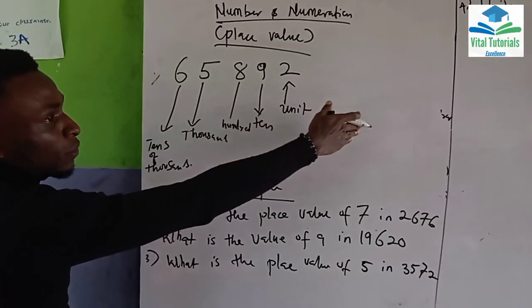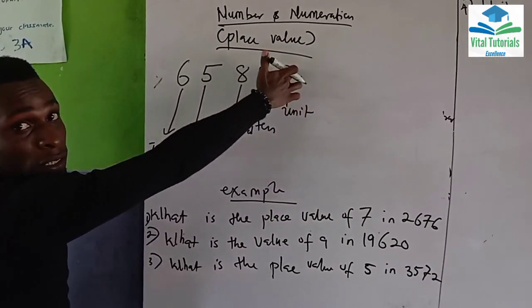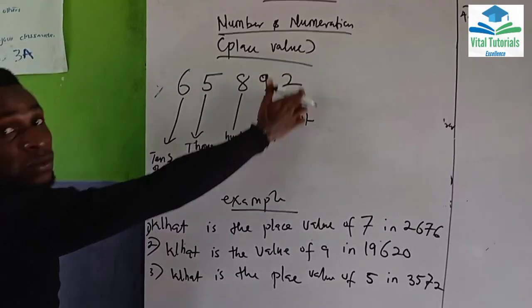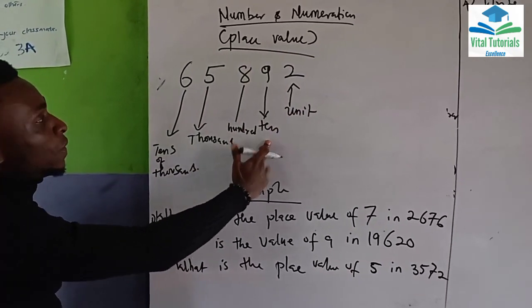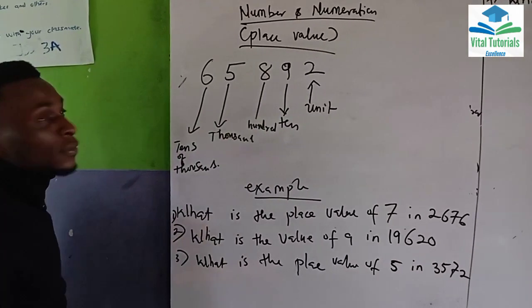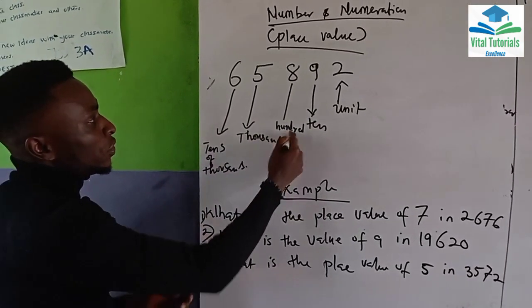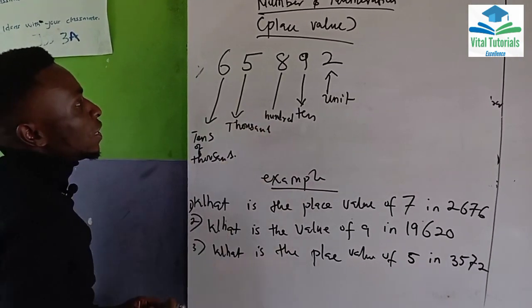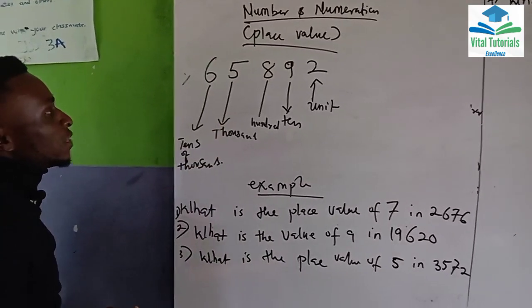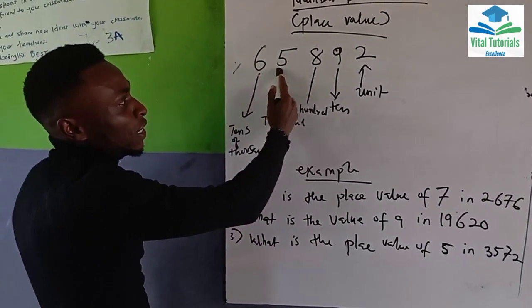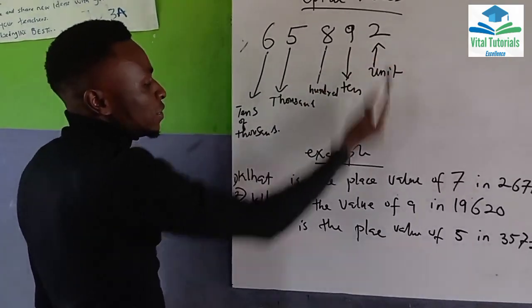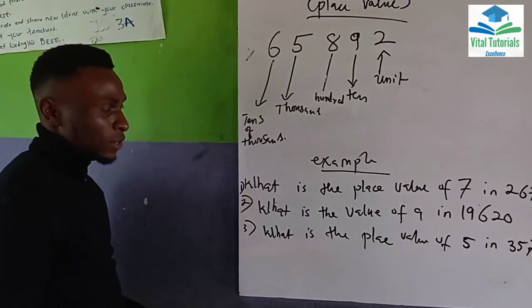Starting from the right hand side, the first value here is 2, that's the unit. The second one here is 9, which is the tens. Then the third one is 8, which is hundreds. This is the thousands, while this is tens of thousands. Therefore, if you want to pronounce this, you are going to say 65,892.